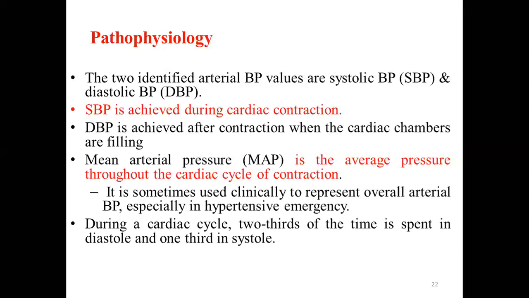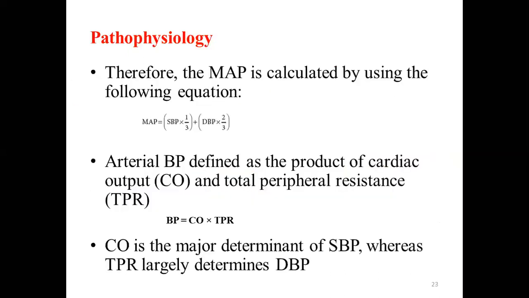Remember, during a cardiac cycle, about 2/3 of the time is spent in diastole. The filling time usually takes longer, while contraction takes about 1/3 of the total cardiac cycle. So the mean arterial blood pressure is calculated as 1/3 of systolic plus 2/3 of diastolic blood pressure.